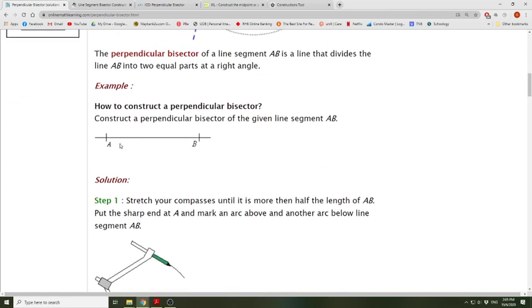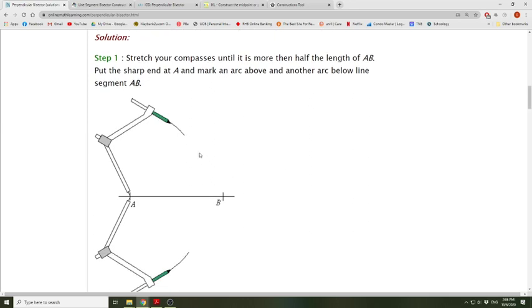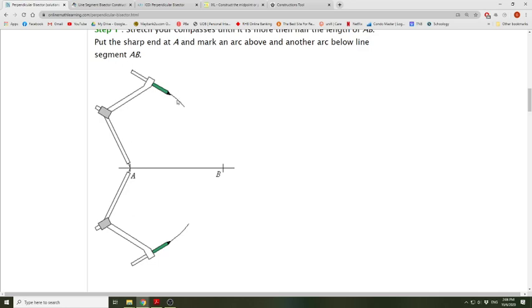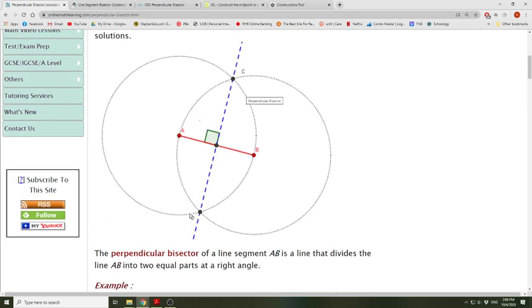So let's start with this one. We start with this line first, A and B. Some questions will specify a certain distance, maybe 10 cm, 15 cm. Up to you, it depends on the question. So step one, we draw at two sides first. We do not need to draw the whole thing, just a portion of the circle. The idea is we need to have two circles.